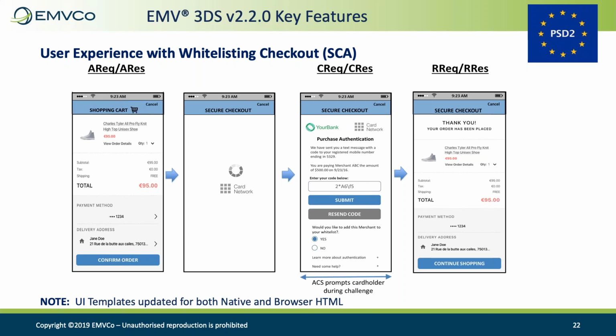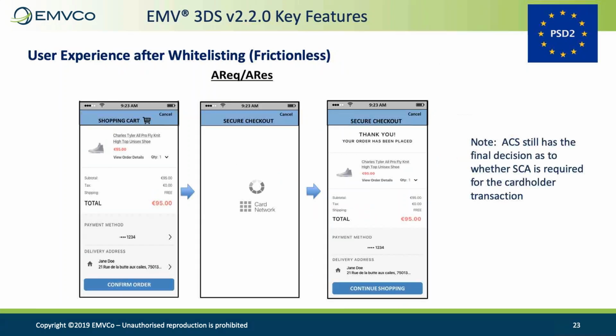If the consumer agrees to add the merchant to the whitelist, they simply select the yes button and continue with their checkout process. The checkout continues, the checkout is complete, and then what will happen on the next purchase, after whitelisting, it should become frictionless.